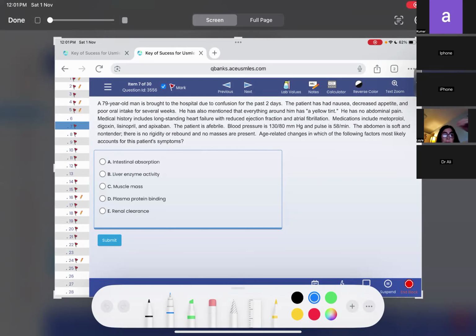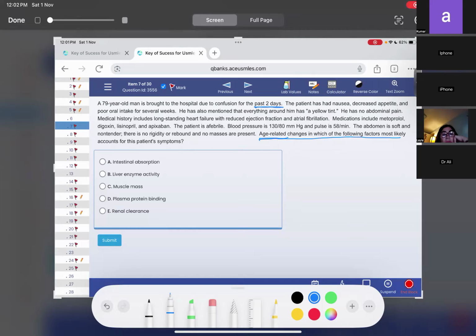Age-related changes in which of the following factors most likely account for this patient's symptoms? A 79-year-old man is brought to the hospital due to confusion for the past 2 days. The patient has had nausea, decreased appetite, and poor oral intake for several weeks. He has also mentioned that everything around him has a yellow tint, and he has no abdominal pain.